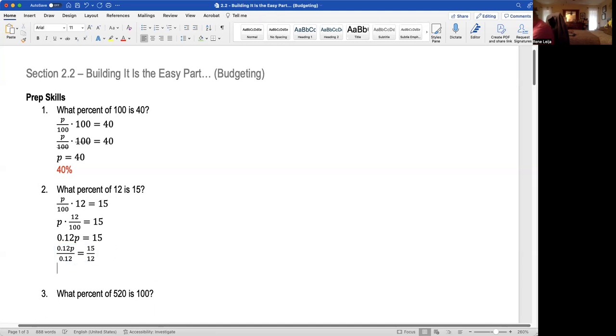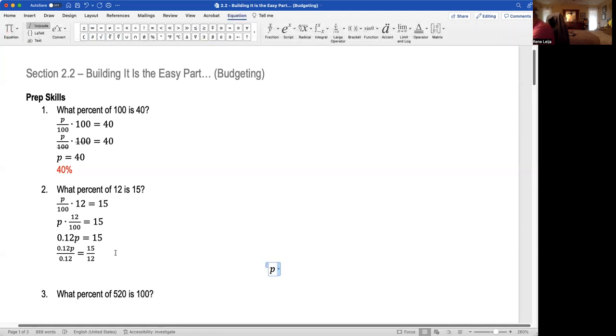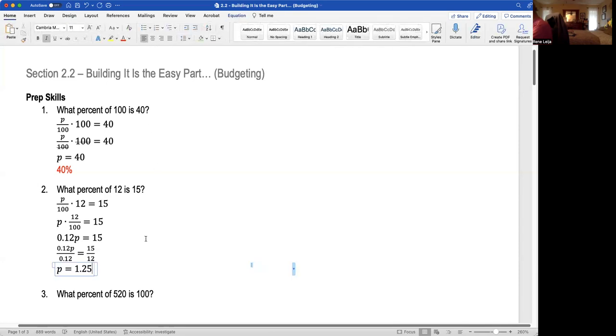Okay, so now on the left, we're left with P. And then I'm going to go ahead and divide 15 by 0.12. So that's 1.25. Okay. So that's the P. So 1.25 over 100. So that means that my percentage is going to be 1.25%.